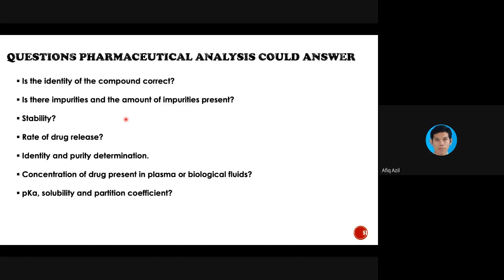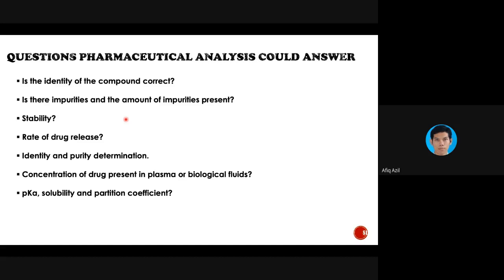So the purpose of doing this is, let's say one of the tests is assay. Assay is to check the concentration or the purity of the active ingredient itself. So the stated amount or the parameter set should be, let's say, not less than 99% of the original content.